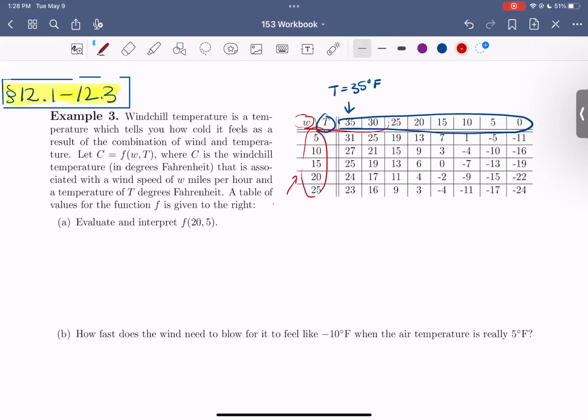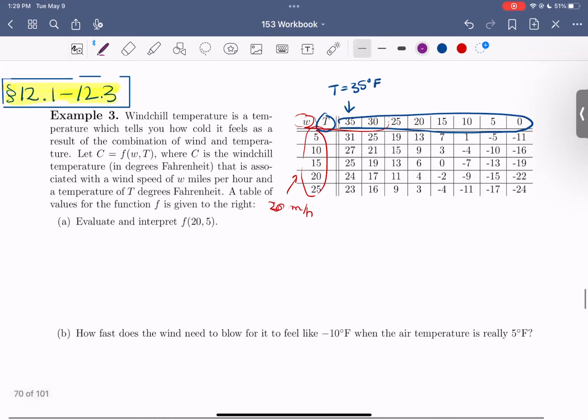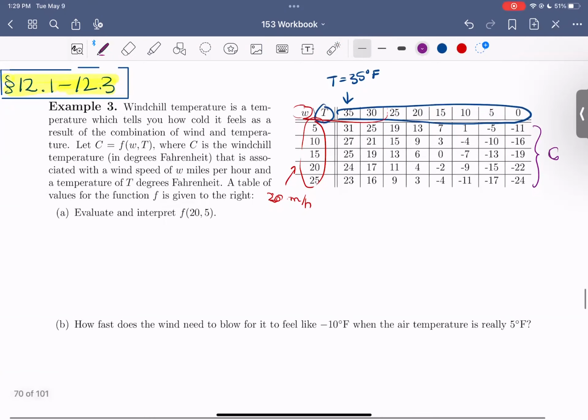So 20 here would be W, which is miles per hour. Now if we look at any cell, say when W is 10 and T is 30, the output given is 21. Inside this table, these are the big C values, which is the wind chill temperature.